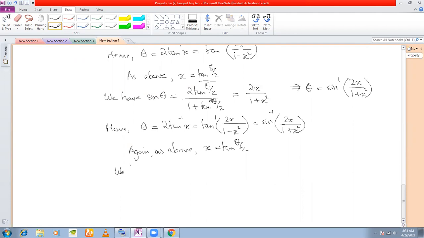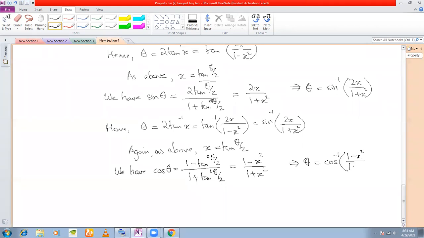So we have cos theta is equal to 1 minus tan square theta by 2 divided by 1 plus tan square theta by 2. We put this, so 1 minus x square by 1 plus x square. So therefore, we have theta is equal to cos inverse 1 minus x square by 1 plus x square. So hence, this completes the proof.